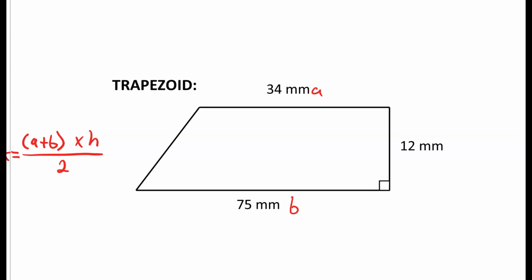They could be flipped. You could call 34 millimeters B and 75 millimeters A. But the important part is you're looking at both of those dimensions that are going to be your A and your B. And then your 12 is going to be your H.